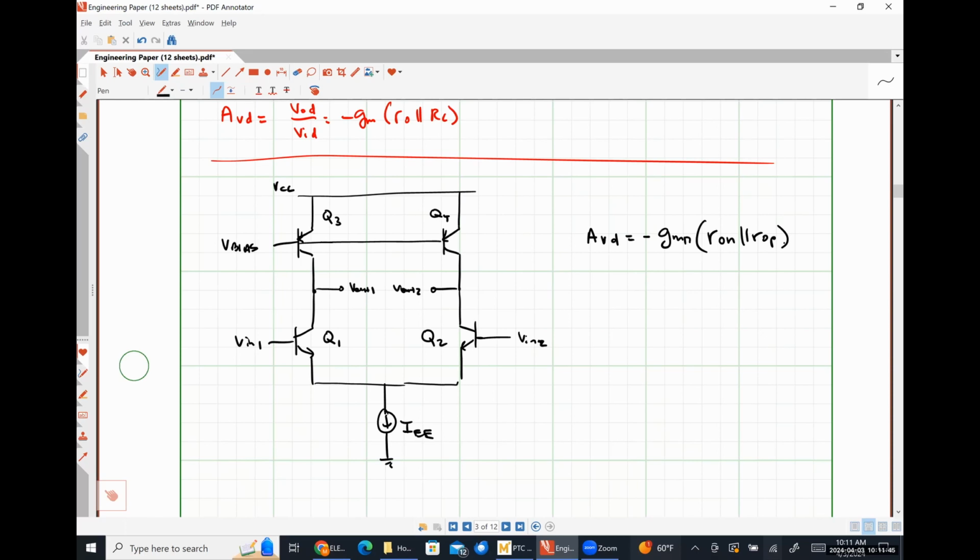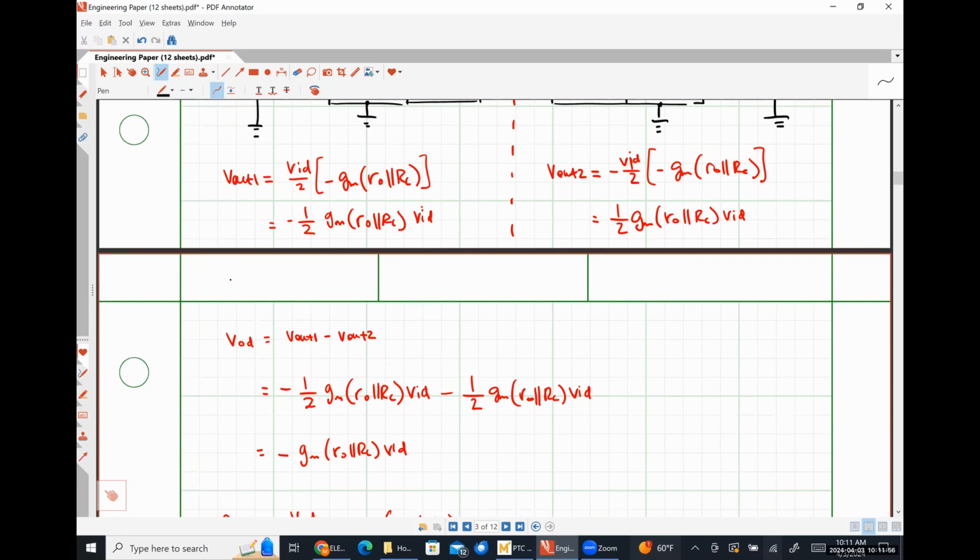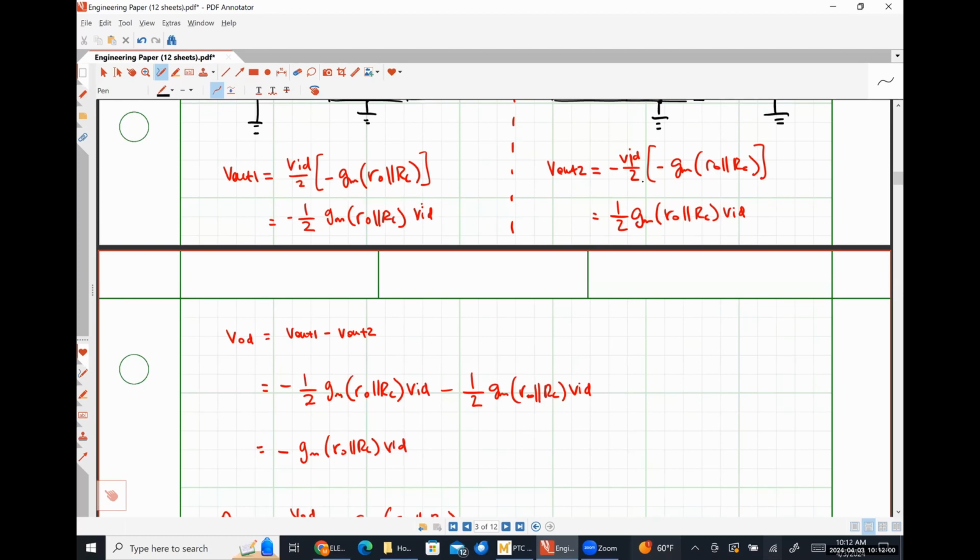So if we apply the exact same voltage, so if we applied positive VID on both sides, we can see very easily that the negative sign isn't going to cancel out. I'm pointing at it with my finger, not my cursor, so you can't see it, but that negative sign would go away. And so when I subtract those two things, it's literally just going to give me 0. So we are attenuating all common mode signals and only passing differential mode signals.